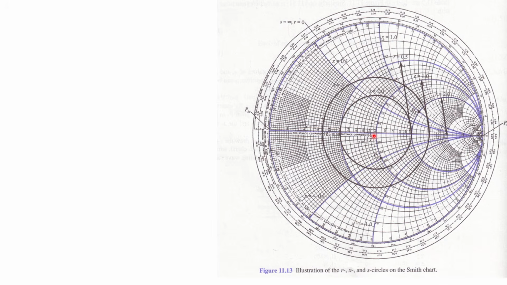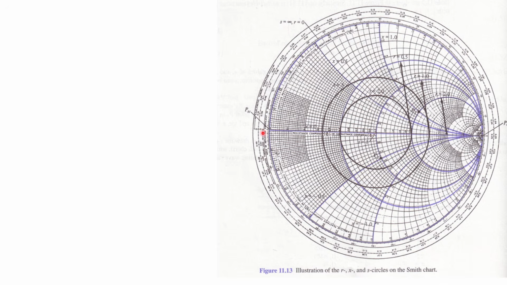I repeat, the origin of your Smith chart is at 1 comma 0. So this is the origin, by default. You should remember the origin point, that is r is equal to 1, x is equal to 0. Always, if you are going to use the Smith chart, we will consider this 1 comma 0 as the origin.